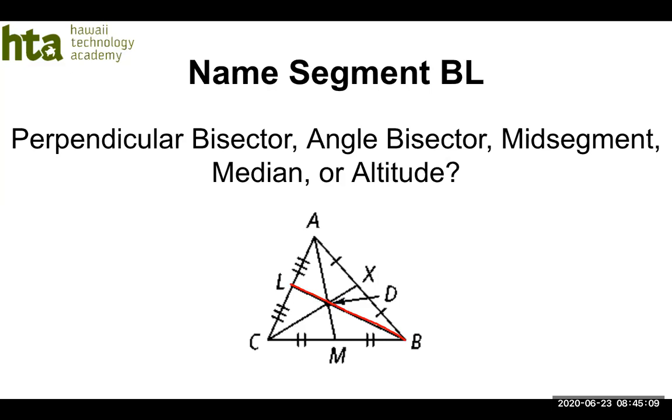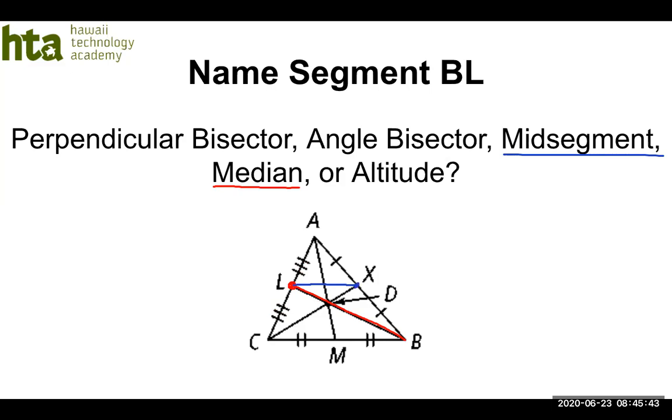Now, the biggest difference between a median and a mid-segment: a median has one midpoint, and I know it's a midpoint because of these congruency markings. This is the evidence that proves that L is a midpoint. So that makes us have a median because we have one midpoint. A mid-segment would be two midpoints. If I went from L to X, that would be a mid-segment because X and L are both midpoints connected to each other. But if I only have one midpoint, it's a median.